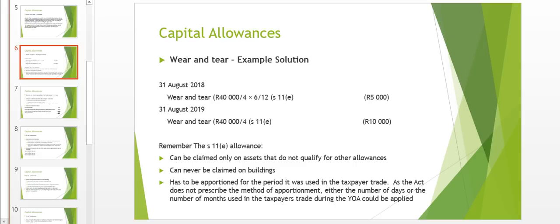The Act doesn't specifically prescribe the method of apportionment, so you can either use the number of days or the number of months used in a taxpayer's trade during the year of assessment. But in any example, you will most likely get something simple where it's the number of months, so 6 out of 12 months or whatever.